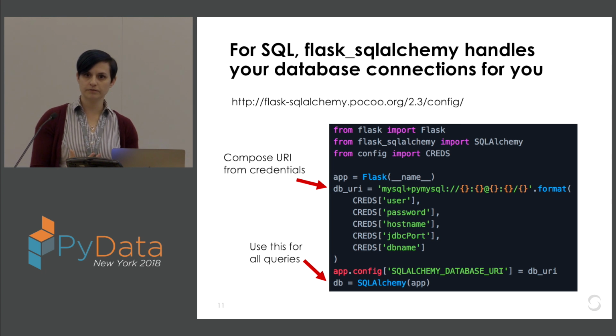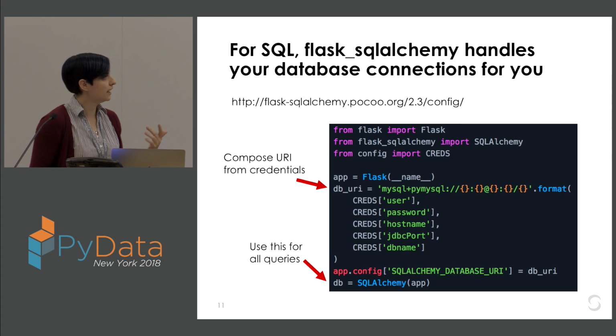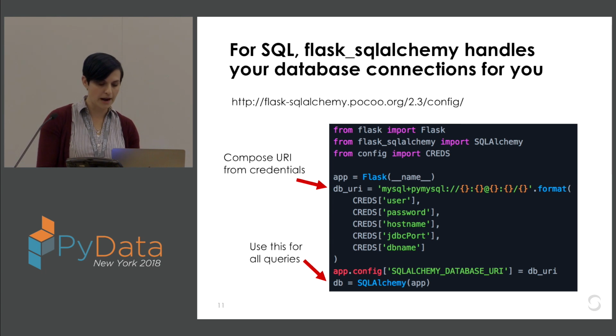So app.config is just something that Flask has to store all the configurations of your application. And this is just a predefined thing that it uses for Flask SQL Alchemy. So you just feed that the database URI, and then you can define or instantiate this DB object, which then you'll use for all of your queries going forward in your app.